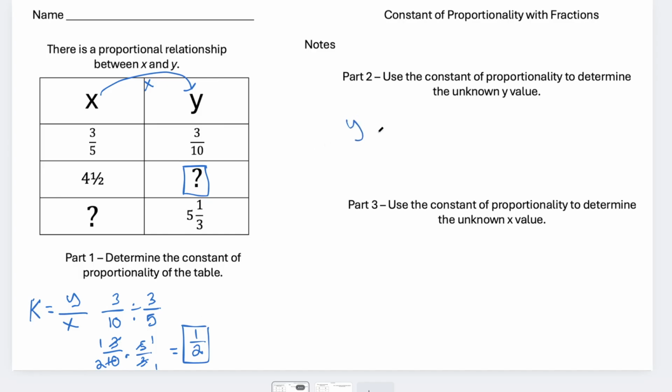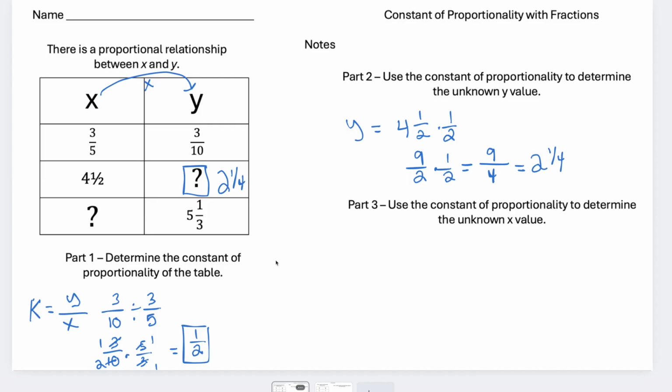Making this improper, that's 9/2 times 1/2. 9 times 1 is 9, and 2 times 2 is 4. 4 goes into 9 two times with 1 left over, so it's 2 and 1/4. The y value is 2 and 1/4.